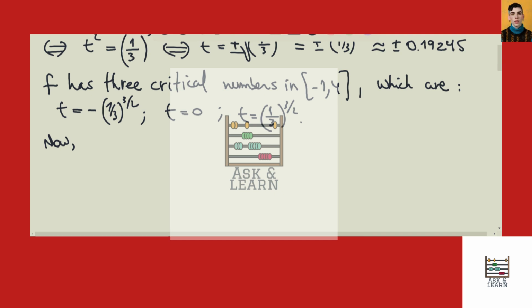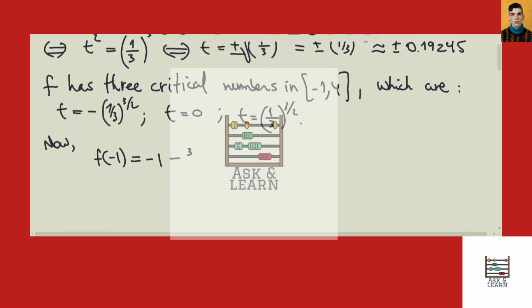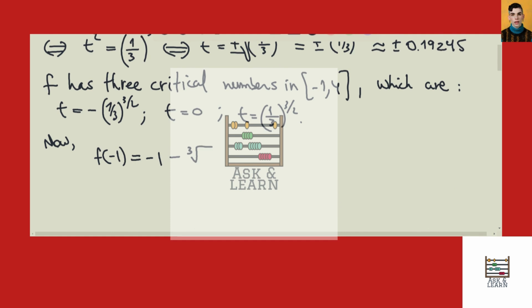And we get the following. First, at the endpoints, f at negative 1 is equal to negative 1 minus cubic root of negative 1. Cubic root of negative 1 is negative 1, and with this minus in front of the cubic root it is plus 1, that is 0.